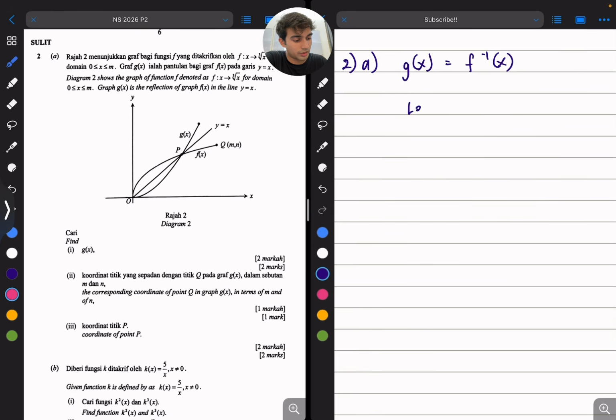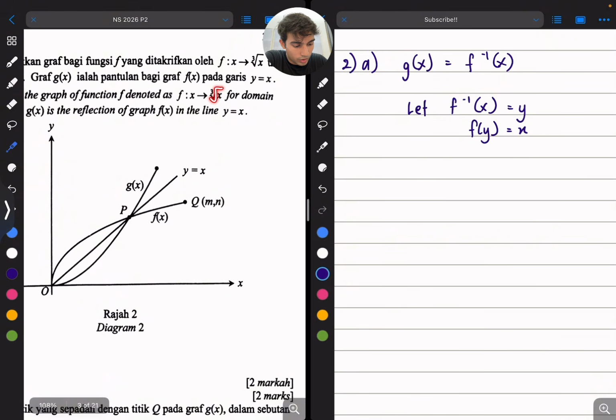To find f inverse x, we let f inverse x equal y, so f(y) would equal x. Because f inverse you bring over here will become f(y). So if f(x) is the cube root of x, f(y) would be the cube root of y, f(z) would be the cube root of z, and so on.